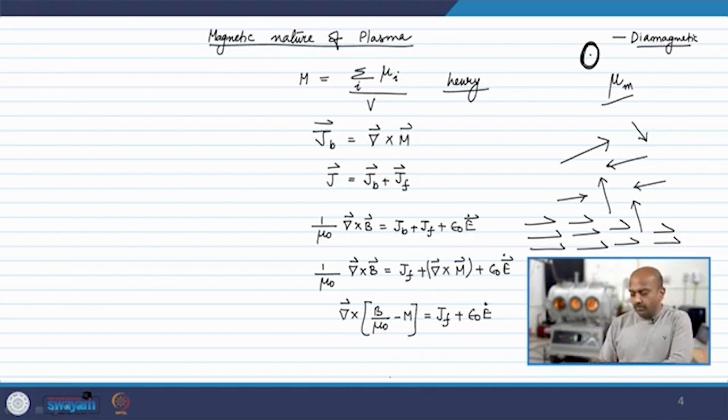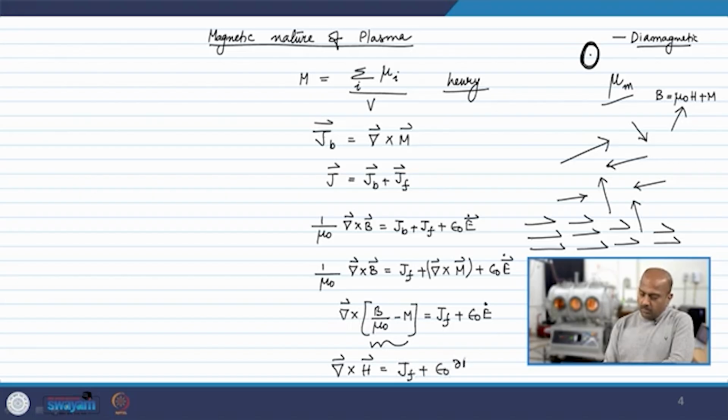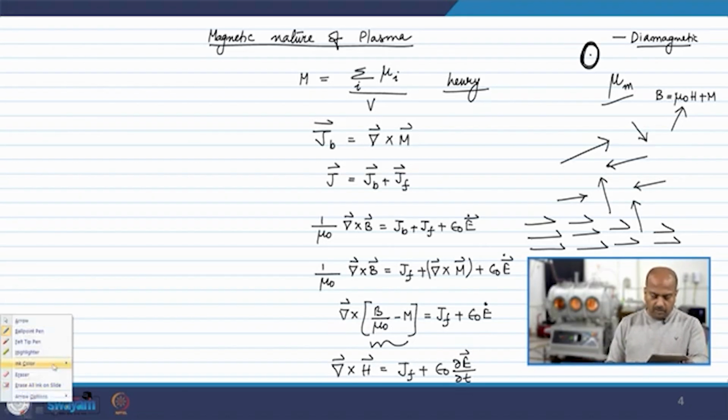We know from earlier discussions that B is equal to mu naught times H plus M, right. So, using this, we can write it as del cross H is equal to Jf plus epsilon naught dou E by dou t. So, this is a very important expression that we have.